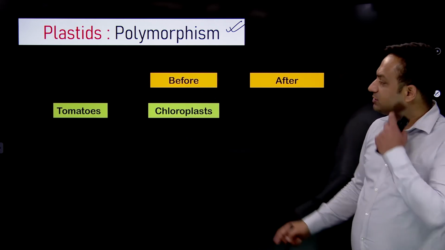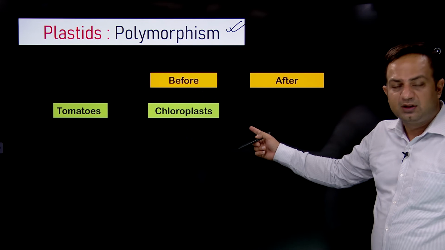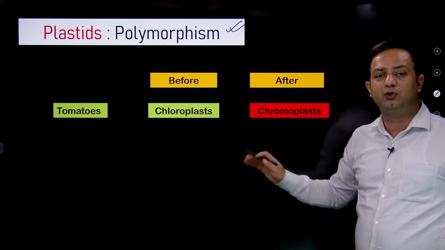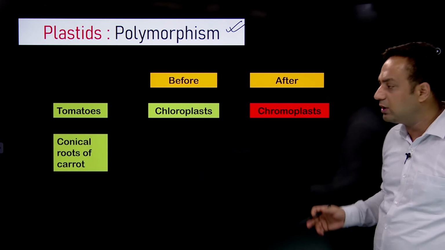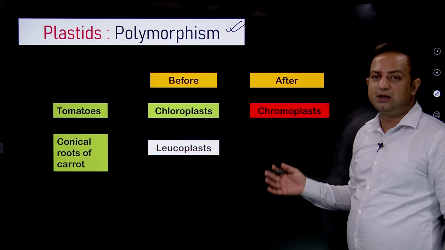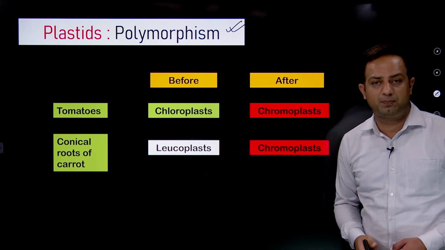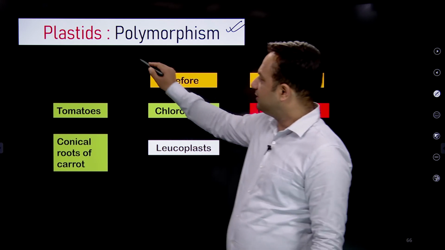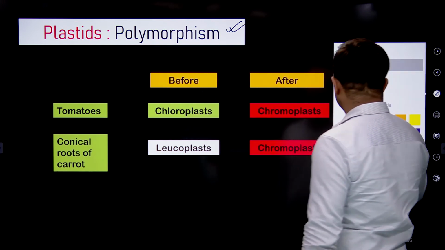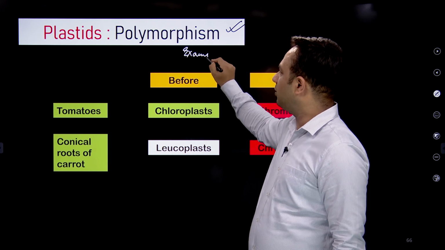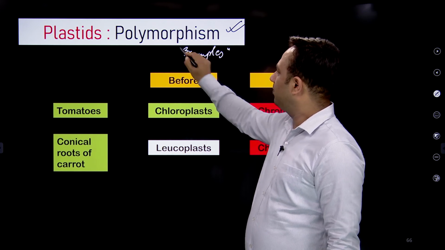Examples: tomatoes had chloroplasts earlier, which turn into chromoplasts when the fruit ripens. The same is true of the roots of carrot. They had leucoplasts earlier, which get converted into chromoplasts. So the color changes. This is an example.